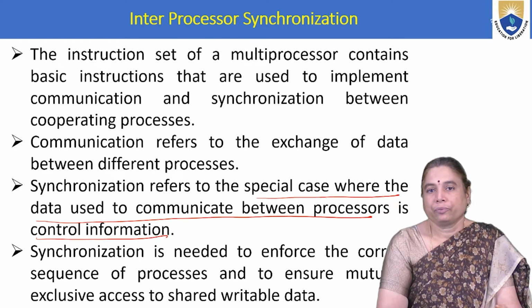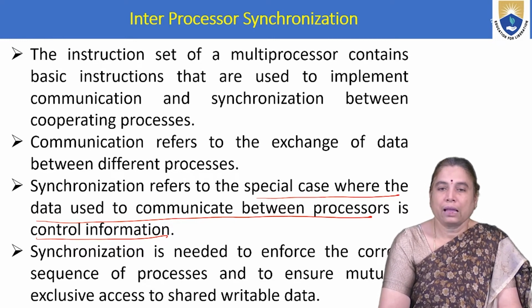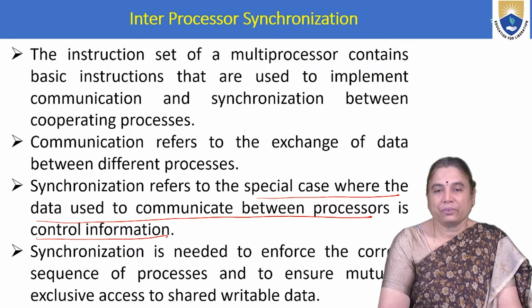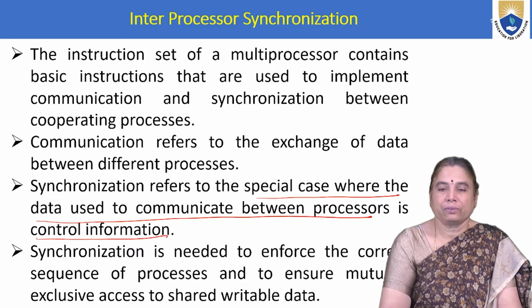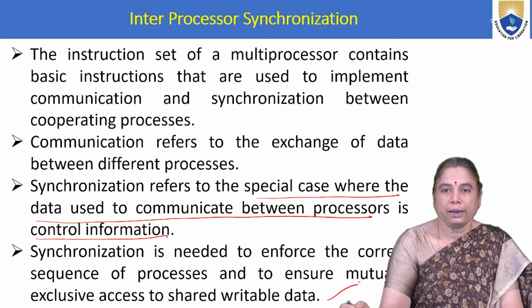The sequence in which the processors access the data is defined with the help of the synchronization mechanism, and it must also enforce the correct sequence of processes to ensure mutually exclusive access to shared writable data.